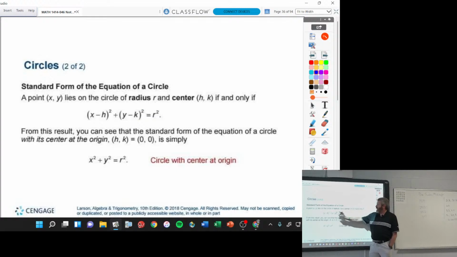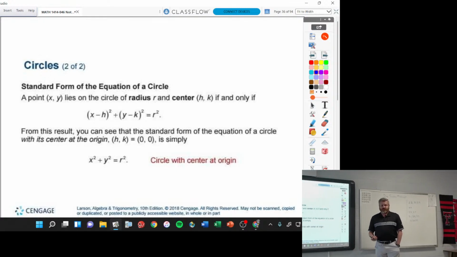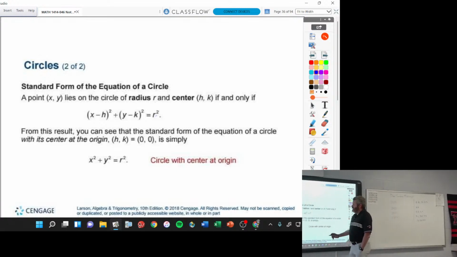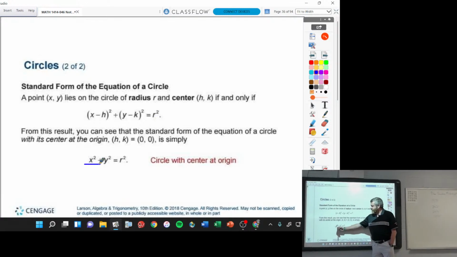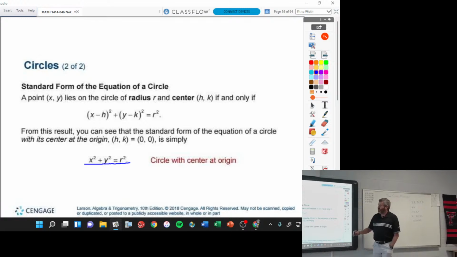Again, h, k is the center of the circle, and r is the radius. Now, what if I had a circle that was centered at the origin? Well, if the center is the origin, that means that h and k are both 0. Therefore, a circle with a center at the origin would simply be x squared plus y squared equals r squared.